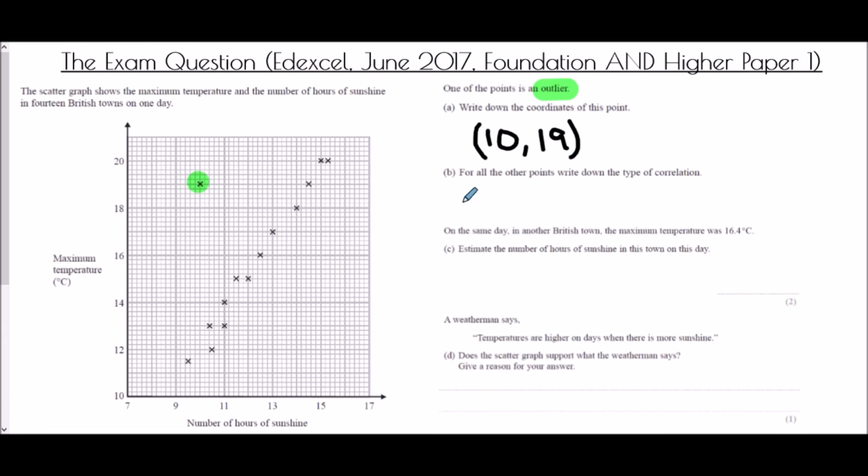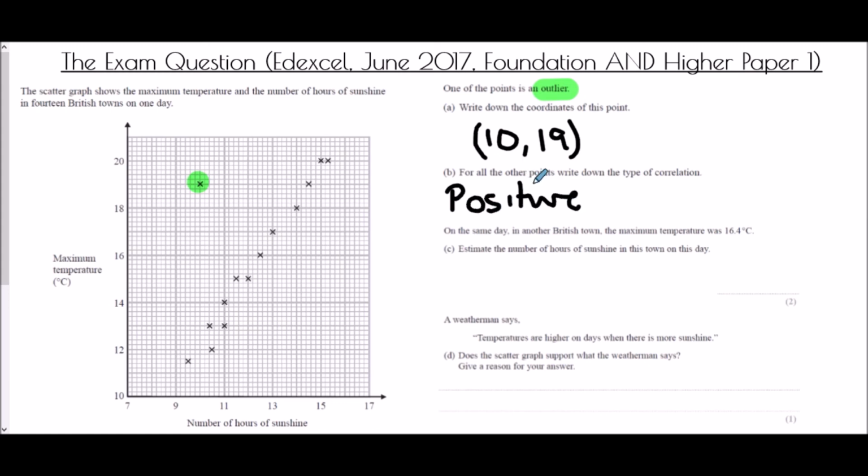For all of the other points, write down the type of correlation. Well, if we ignore this one point, we have a nice straight line pretty much here, and it is going upwards. So as the number of hours of sunshine increases, so does the maximum temperature. And therefore, the type of correlation is positive.